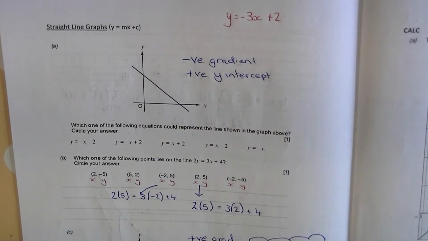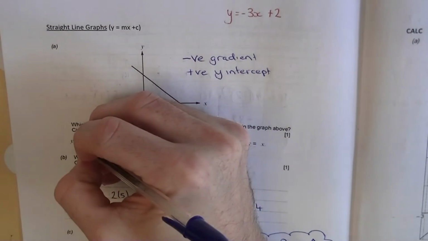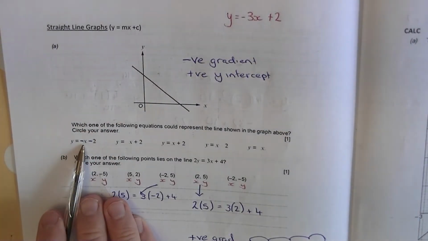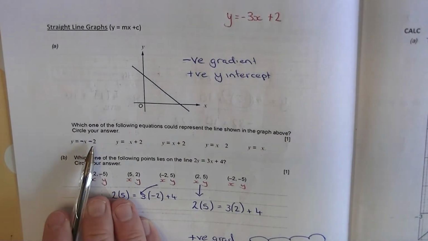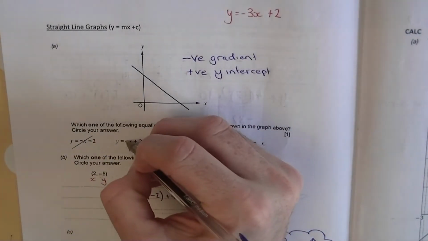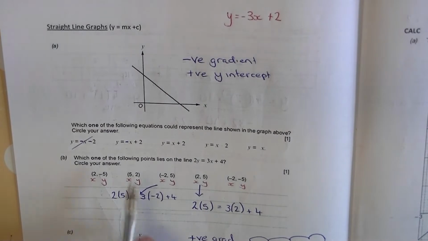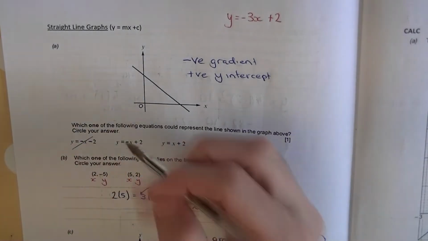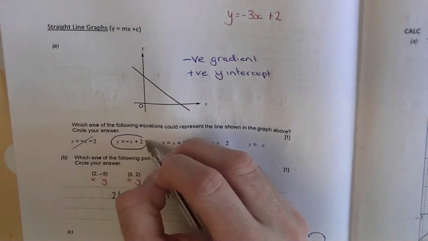So again, this doesn't photocopy brilliantly. The first equation should say minus x minus 2. The number before the x being minus 1, so a negative gradient, but also a negative y-intercept, so it can't be you. This one is saying minus x plus 2, okay? So a negative gradient with a positive y-intercept. That's suitable for this.